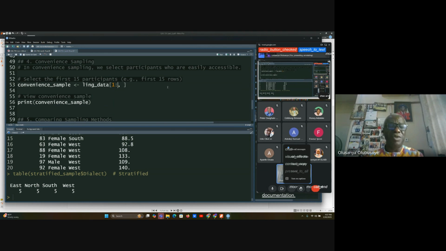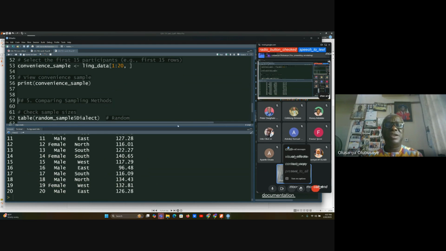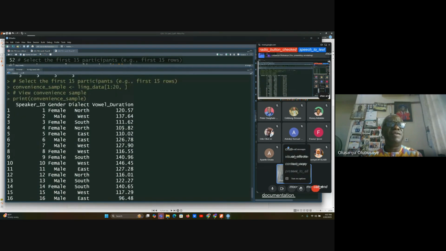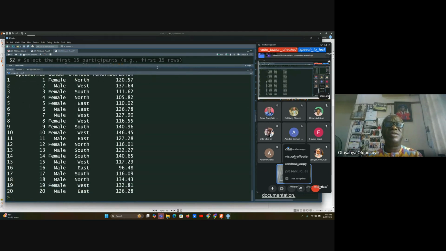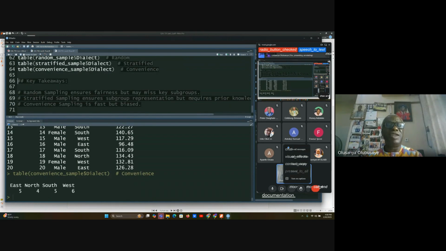Or since I want 20, let me just draw the first 20. So that's convenience sampling, and it will just give me the first 20. But does it give them equal? No. So the West gets more and the North gets the least.